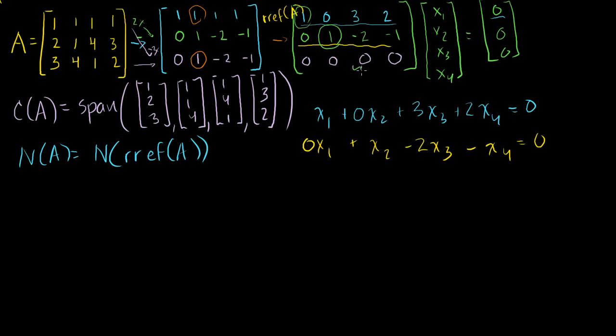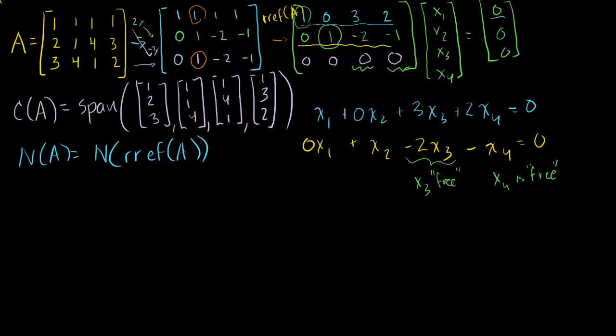So this column has no pivot entry, and so when you take the dot product, this column turned into this column in our system of equations, so we know that x3 is a free variable. x3 is free. We can set it equal to anything. Likewise, x4 is a free variable. x1 and x2 are pivot variables because their corresponding columns in our reduced row echelon form have pivot entries in them. Fair enough.